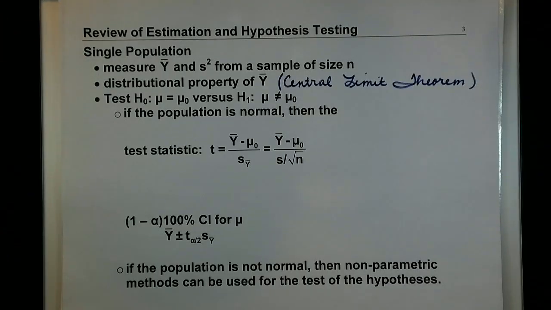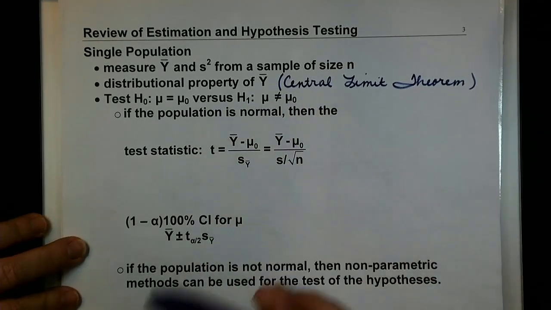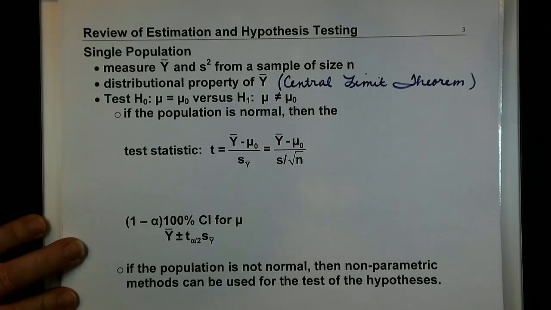All right, and so just given here is the two-sided test for the population mean equal to some specified value mu 0. Whenever we see a subscript 0 here, that usually means it's an assigned value. So we're comparing the mean to some named or assigned value, and that was done by a t-test.